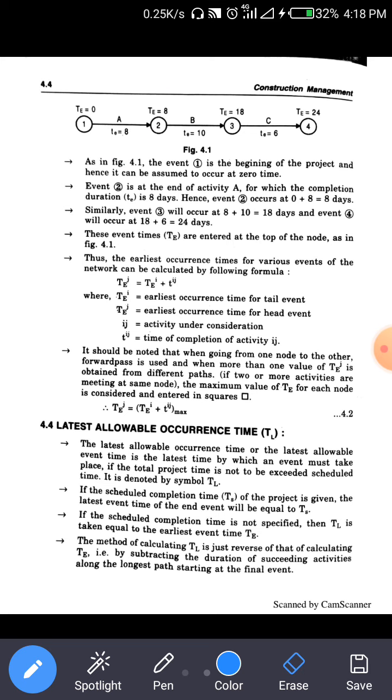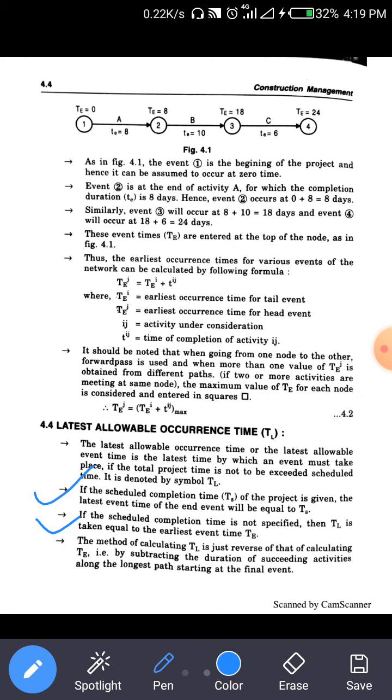If the schedule completion time TS of the project is given, the latest event time of the end event will be equal to TS, and if this schedule completion time is not specified, then TL is taken equal to the earliest time. Now these two important lines are given for finding out the TL value.